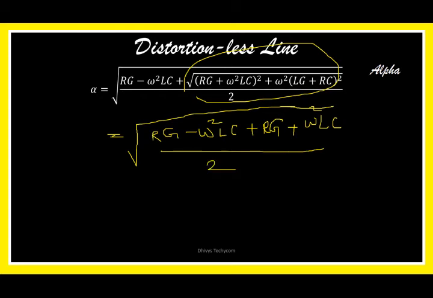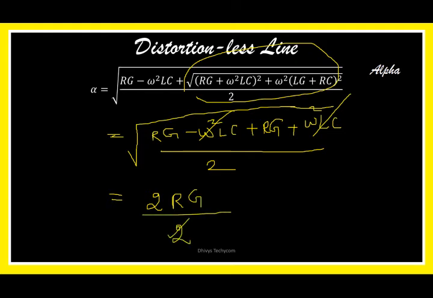That means the second square root term has been equated to RG plus omega square LC as per the first derivative term. So the minus omega square LC and plus omega square LC get cancelled, and at the end you have 2RG divided by 2.